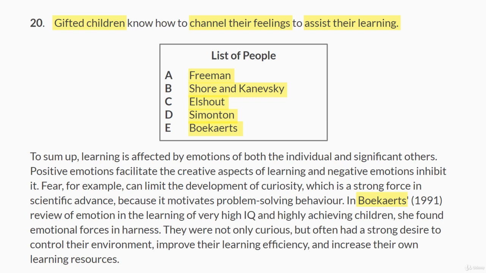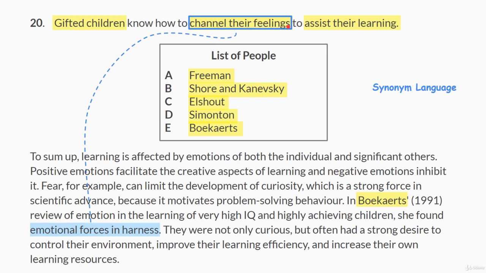Let's see what this sentence is really talking about. It says, in Bocart's 1991 review of emotion in the learning of very high IQ and highly achieving children, she found emotional forces in harness. So here, where it says emotional forces in harness, that is synonym language for channel their feelings.